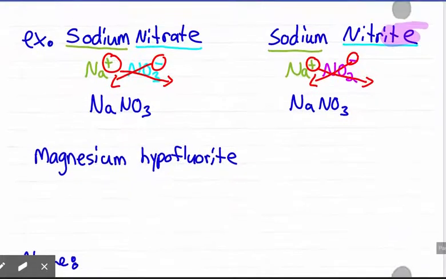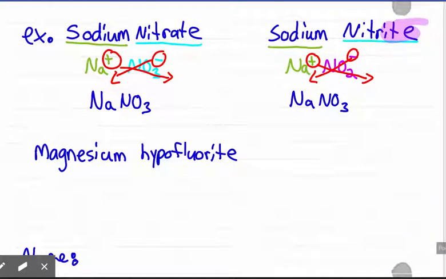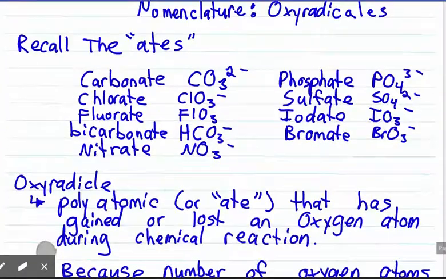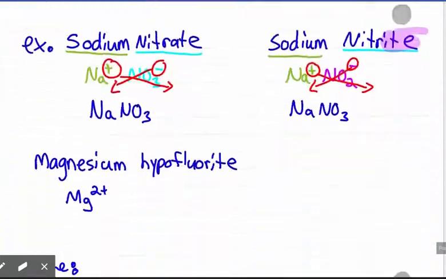We'll look at magnesium hypofluorite. So we know that magnesium is Mg and it has a 2 plus, and hypofluorite. If you don't know this off the top of your head, you can remind yourself that fluorate is FlO3, and hypo-ite means it has lost 2 oxygens.